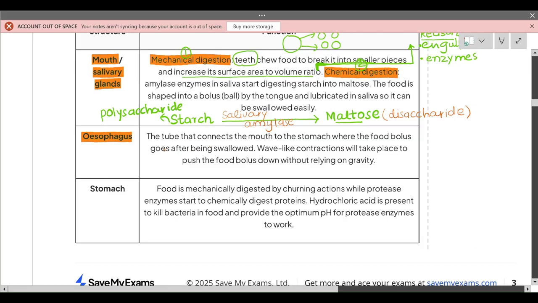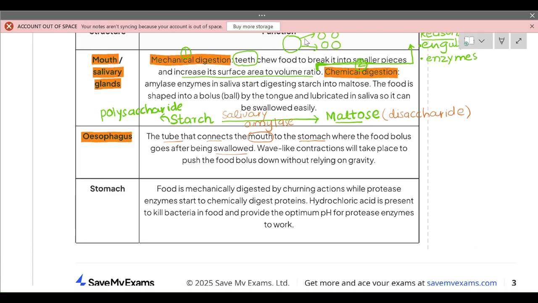Basically, it's a tube that connects your mouth to the stomach. So the digestion that started in your mouth can continue, but no new enzyme is added here. The food is swallowed, and as a result it reaches the stomach.